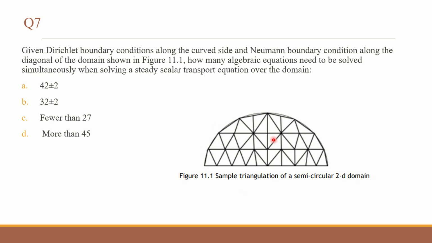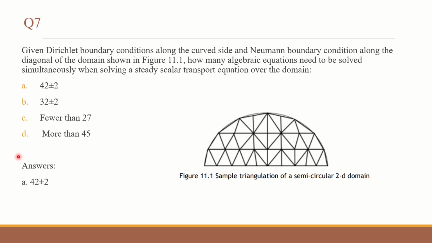So this is using finite volume method. So we are using the cell centers for getting the values. So we will be solving approximately 42 equations, and it can be plus or minus 2, because we have 42 triangular elements. The number of equations to be solved simultaneously is 42 plus or minus 2. So option A is the right answer.